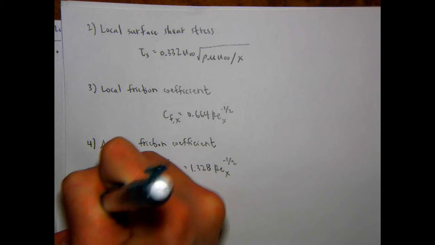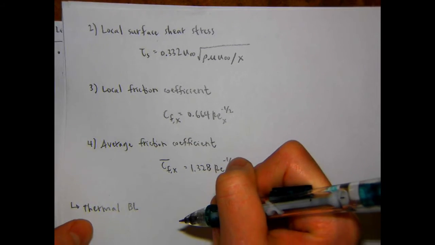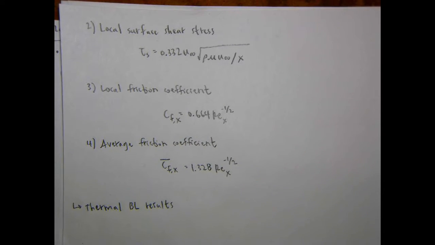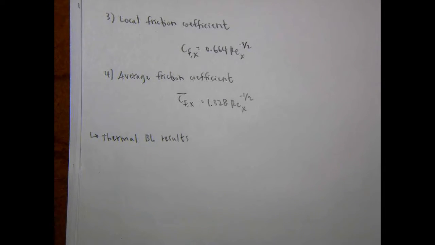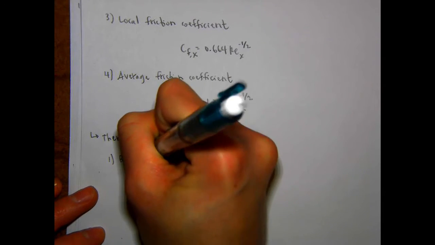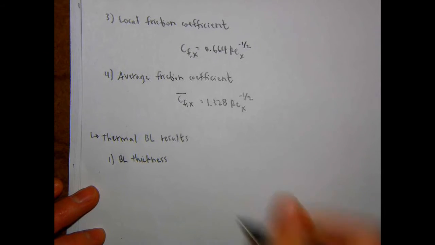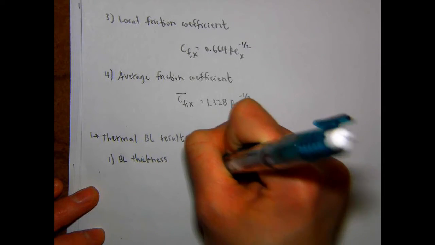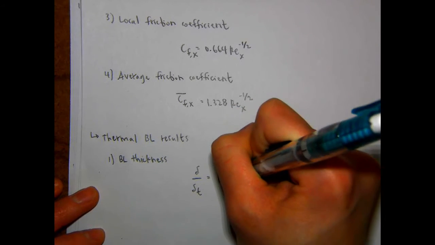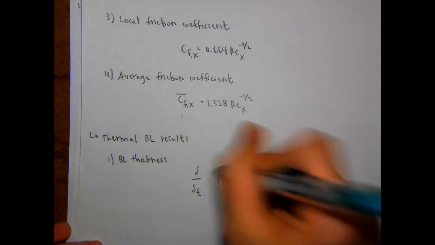All right, so we have thermal boundary layer results. Again, boundary layer thickness. The thermal boundary layer can be solved just by relating it directly to the velocity boundary layer. This is more of an approximation.